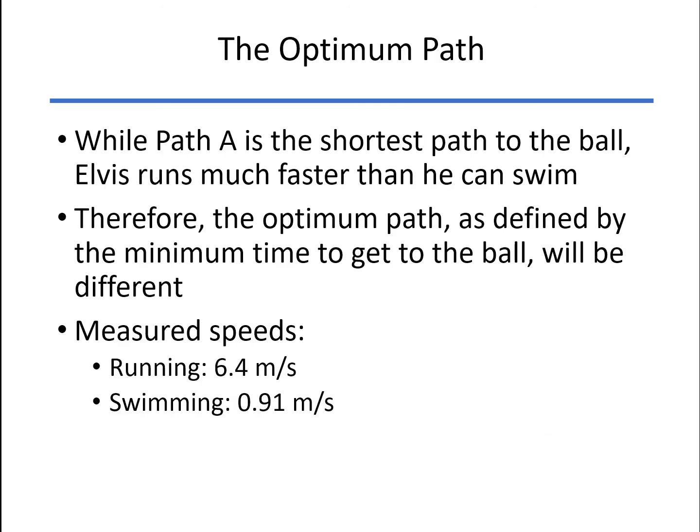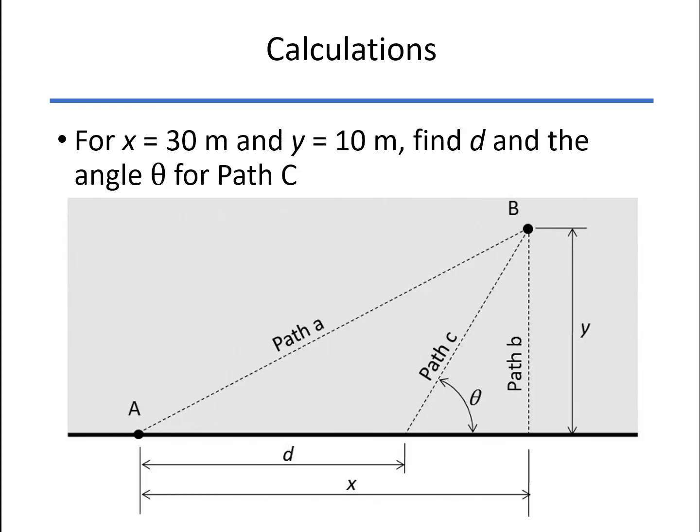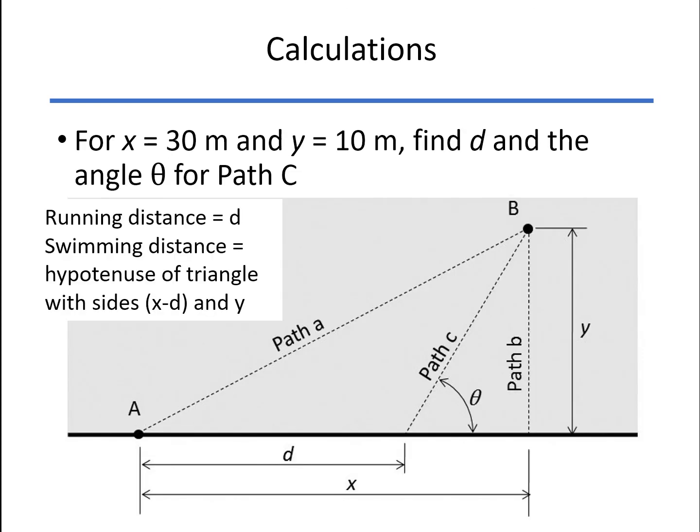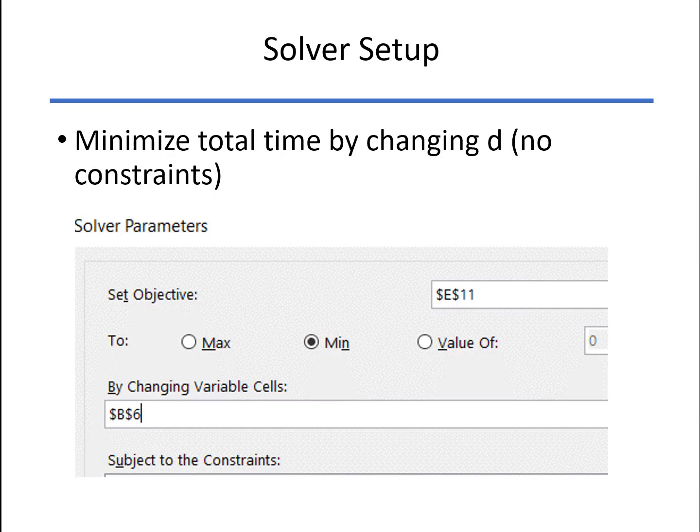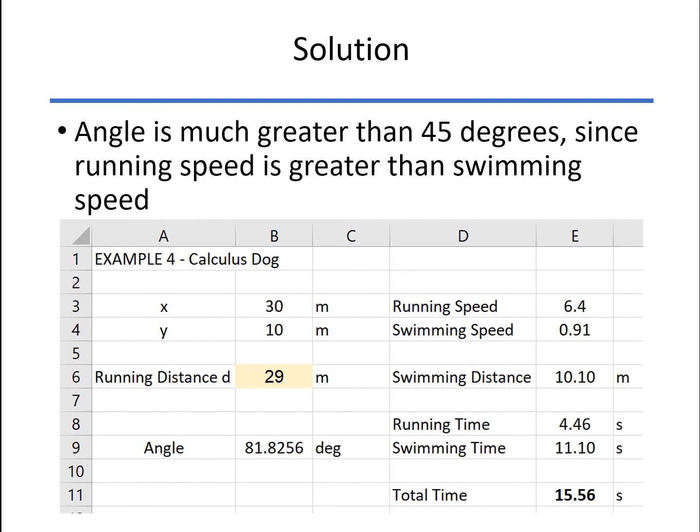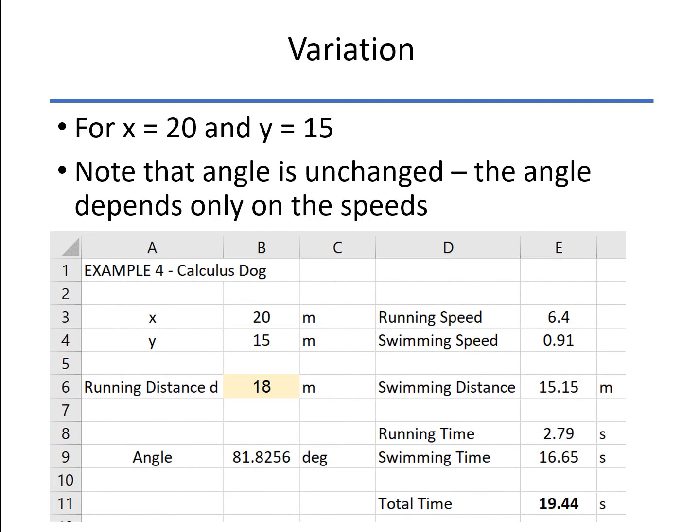And so this problem just sets up to say, based on these running and swimming speeds, what is the best path? And you can do that in Excel. And it turns out to be the angle's about 80 degrees. So even if it's 30 meters down the shore, if he runs about 29 meters, then begins to swim, he's going to get there faster. That is the fastest path.